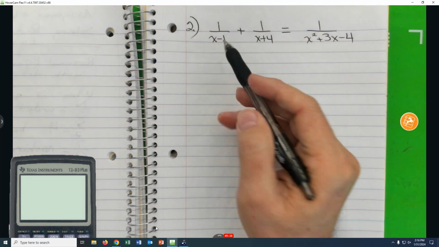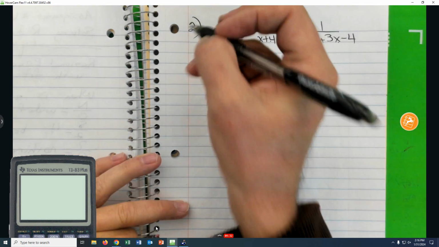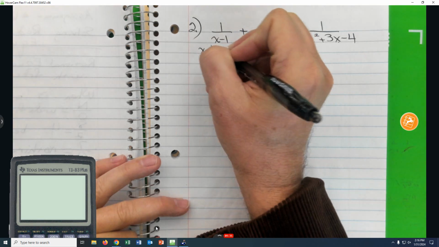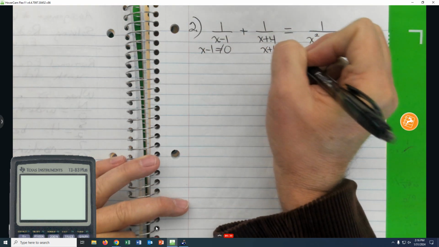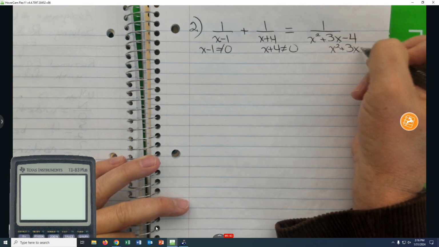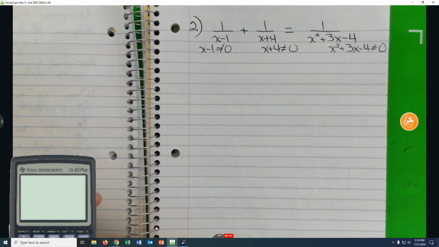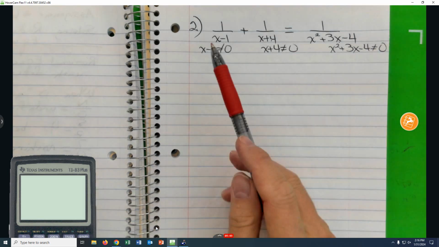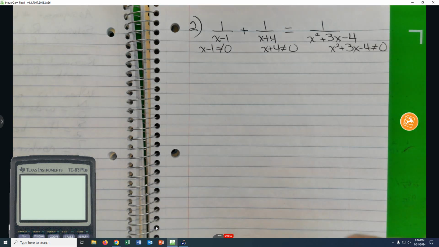So we said none of the denominators can be 0, so x minus 1 can't equal 0, x plus 4 can't equal 0, and x squared plus 3x minus 4 can't be 0. So what are we going to get from that first statement? x minus 1 can't be 0.